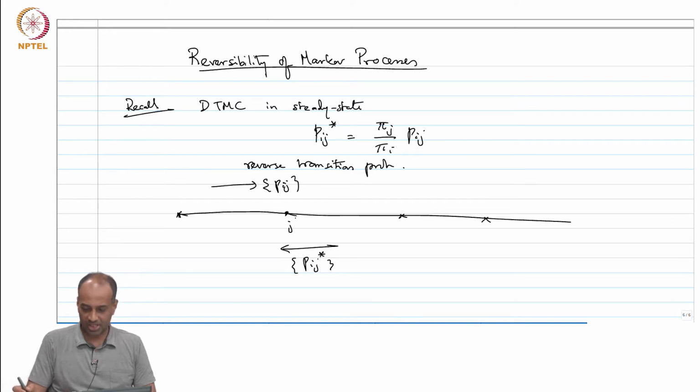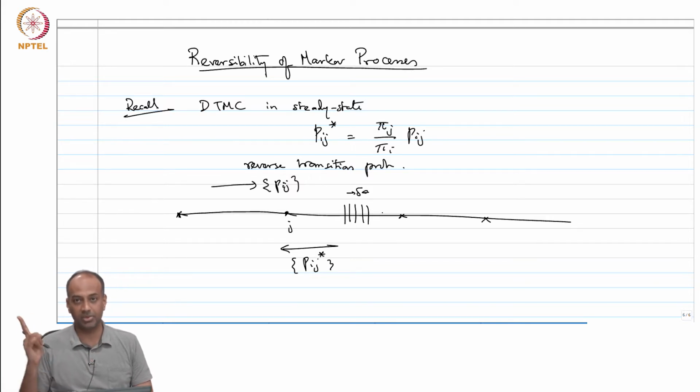Let us say you are in some state j. If you look at these little delta intervals, the holding time in each of these intervals between successive transitions is exponential with parameter nu j, given that you are in state j.